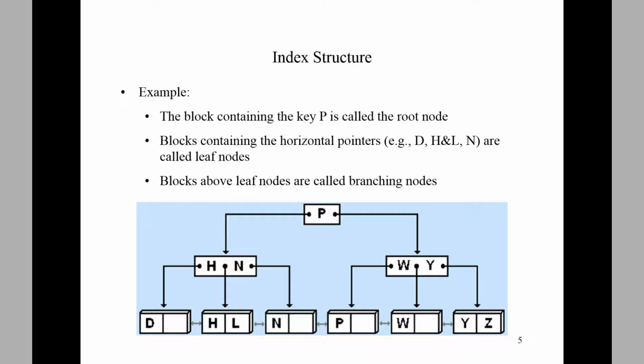Because recall, all of the values within our indexed column will be present within this sequence set, the set of leaf blocks. So once we find the leaf block that contains the key, we take the adjacent pointer and then do another access to go directly into the table that contains the record with that key value.